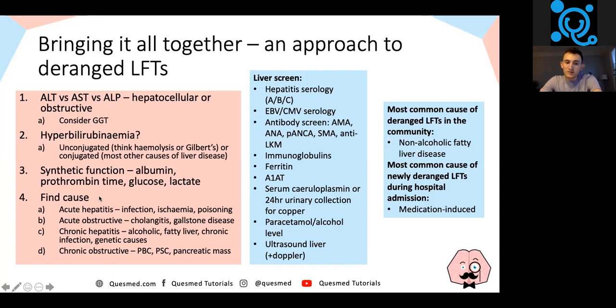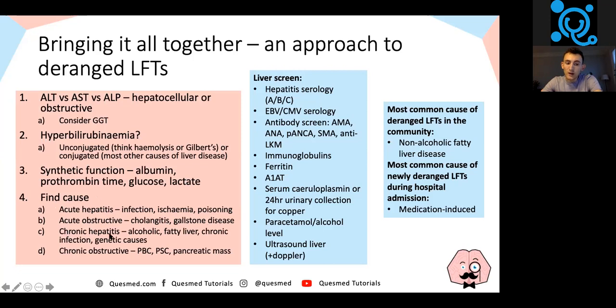In terms of finding the cause, you can think about it as acute or chronic, and then as a hepatitis or an obstructive picture. So causes of acute hepatitis could be infection, ischemia, toxins, or drugs. Causes of an acute obstructive picture are things like cholangitis and gallstone disease.